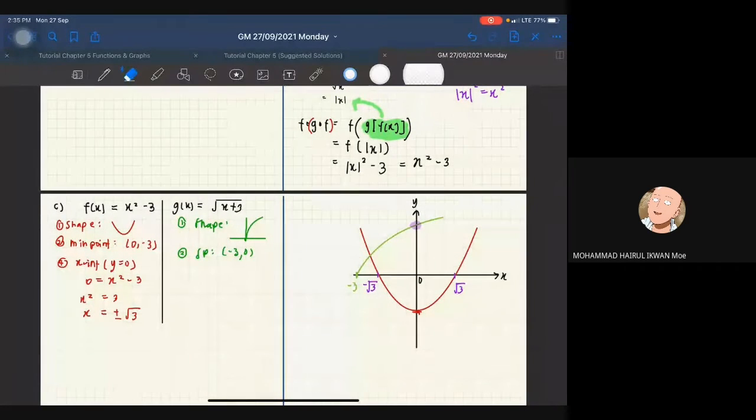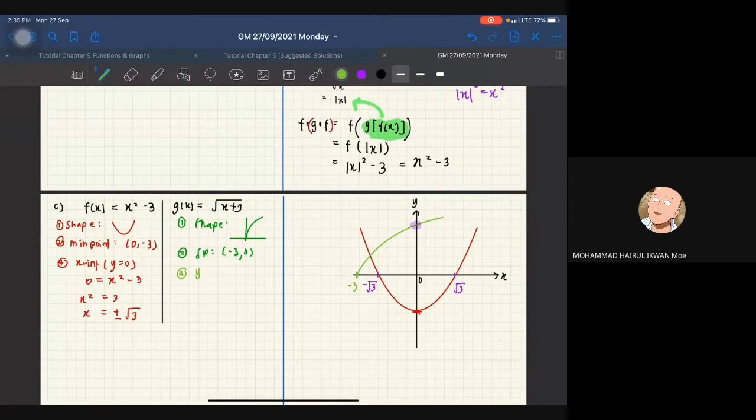Okay, so the fourth step is y-intercept, x equal to 0. Okay, so awak akan dapat y equal to square root of 0 plus 3. Macam ni. Okay, so this one is equal to positive square root of 3.